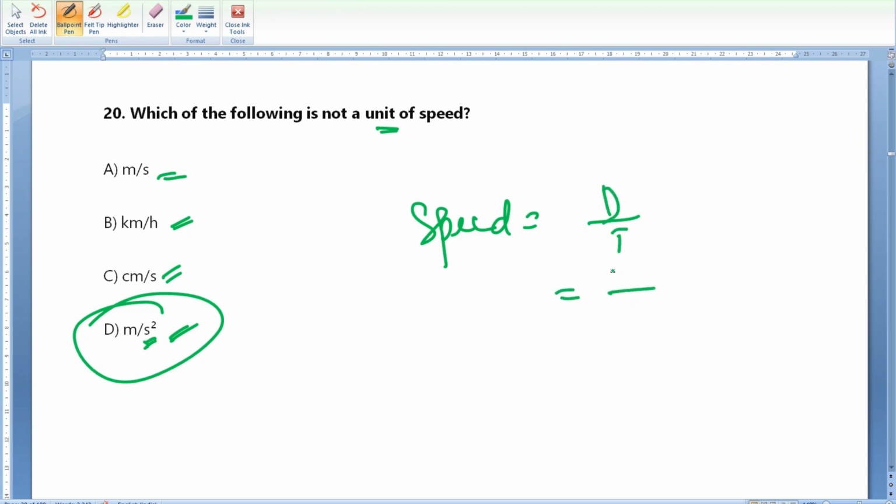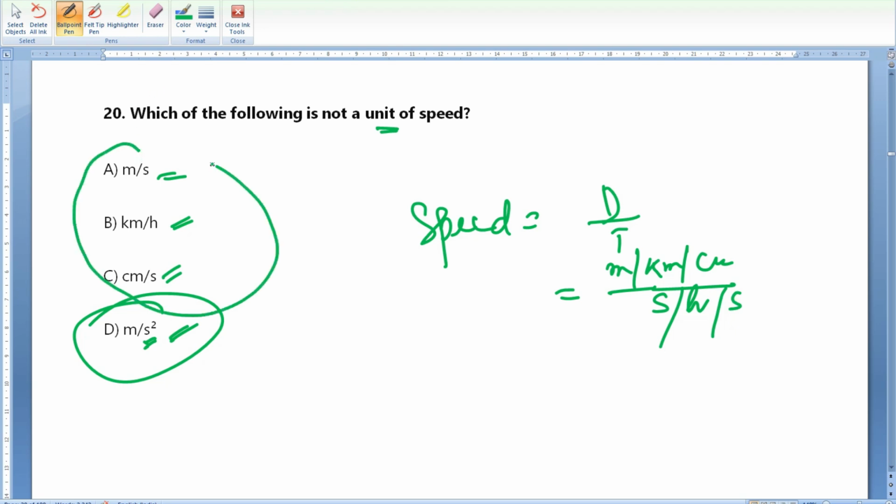Distance may be meter, kilometer, or centimeter, and time is second or hour. Meter per second, kilometer per hour, and centimeter per second are units of speed. Option D, meter per second square, is not a unit of speed.